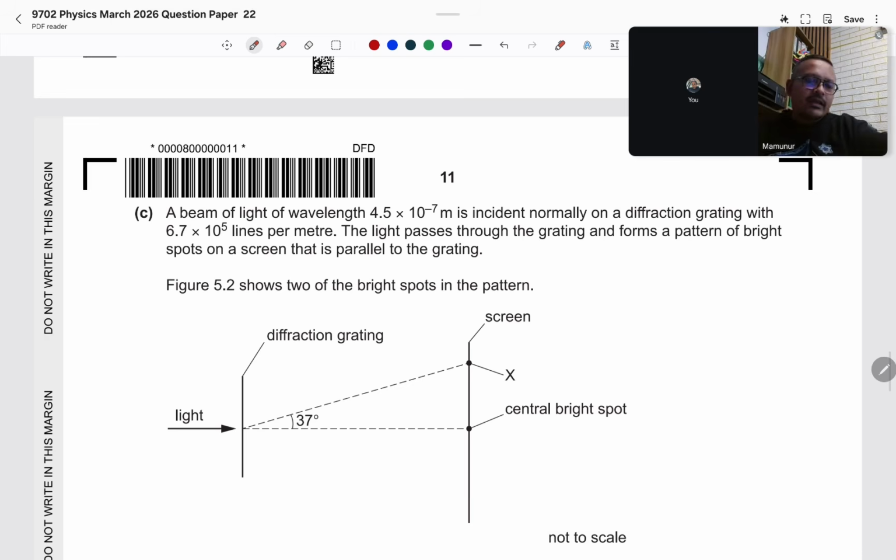C. A beam of light of wavelength 4.5 meter is incident normally on a diffraction grating with 6.7 into 10 to the power 5 lines per meter.